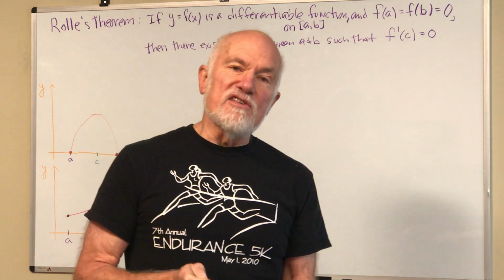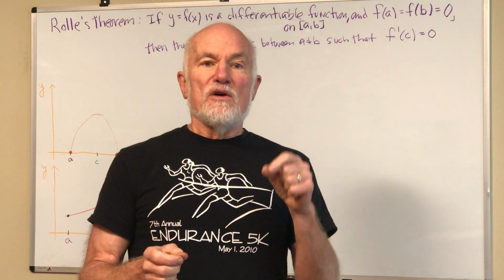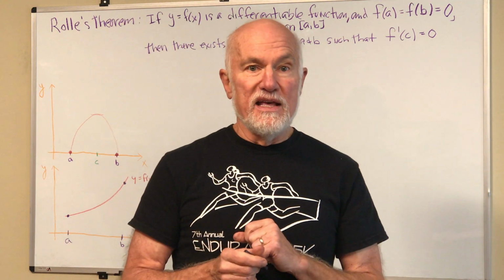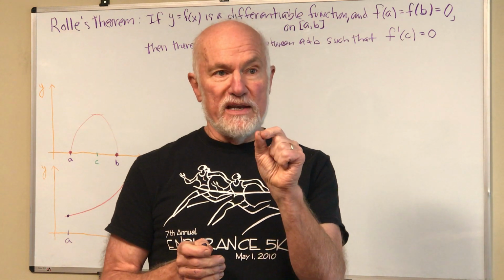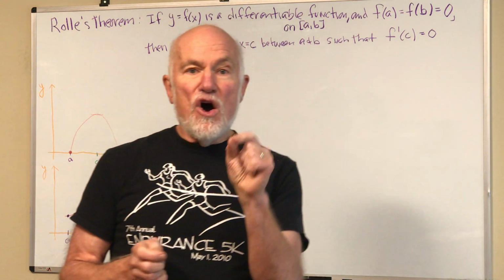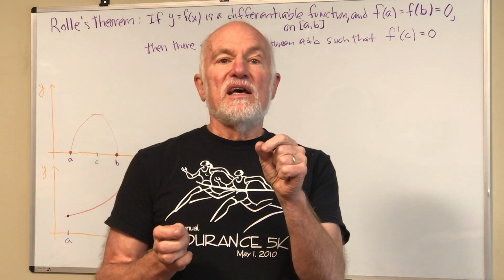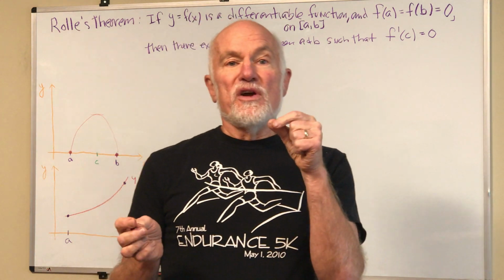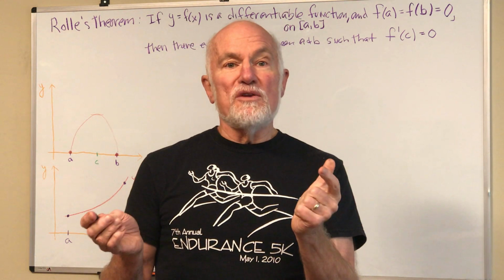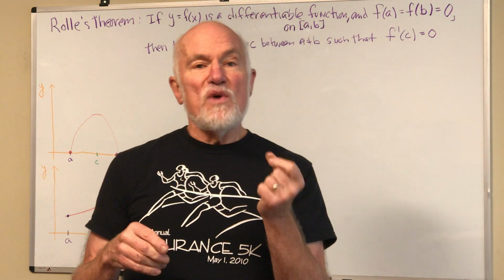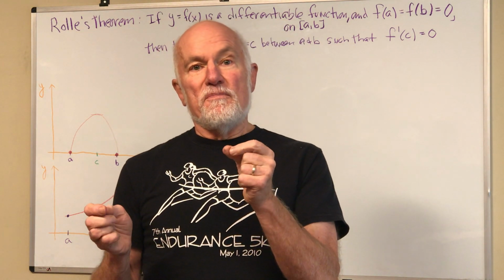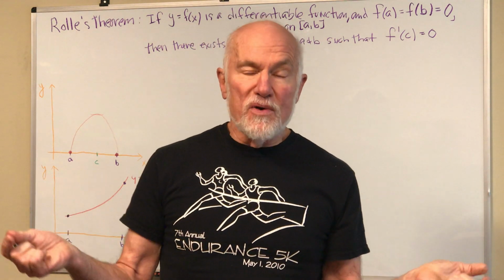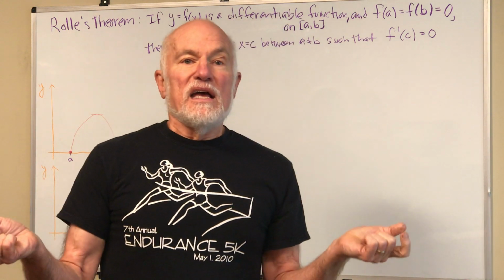Now let's look at the other case. What if at least one of the max and mins didn't happen at an endpoint? Say it happened at some interior point. Well, we know absolute maximums and absolute minimums happen whenever the derivative is 0 or undefined. We've proven that that's the only place we have to go to look for them, if they're not at the endpoints, and we're right now assuming that they're not at the endpoints.